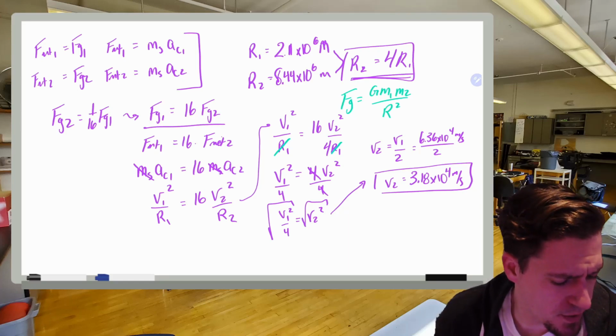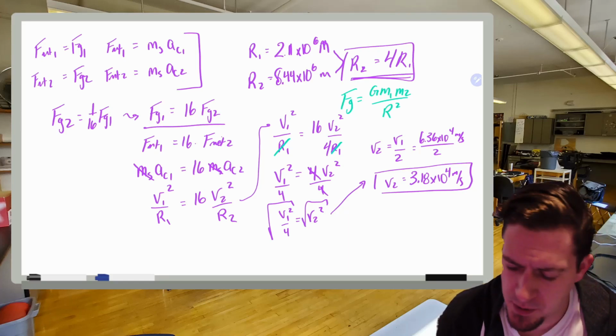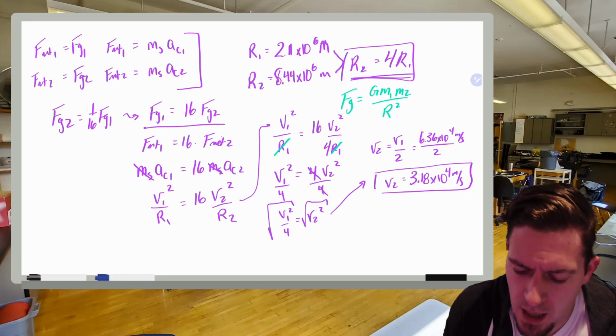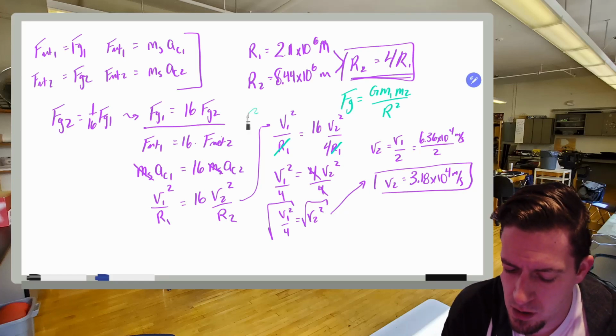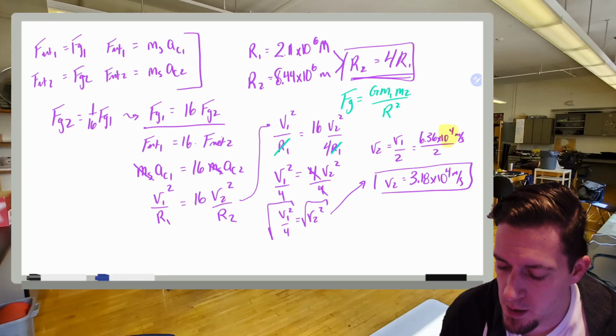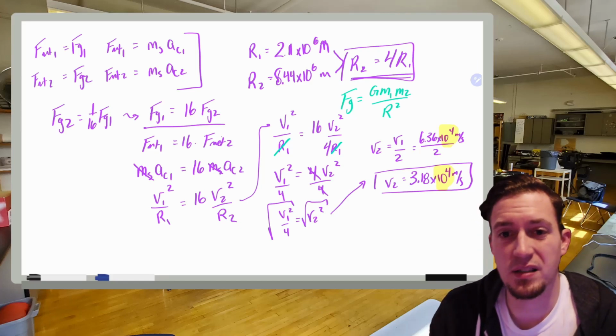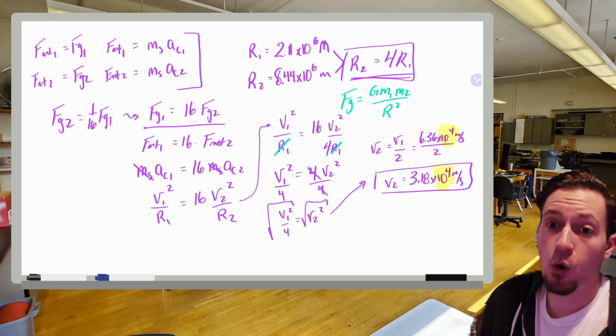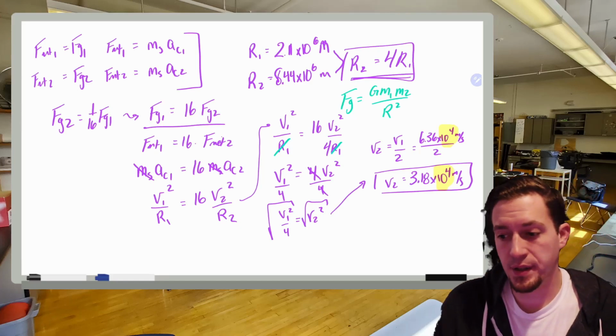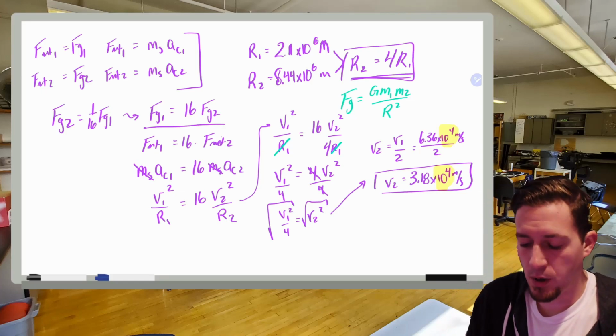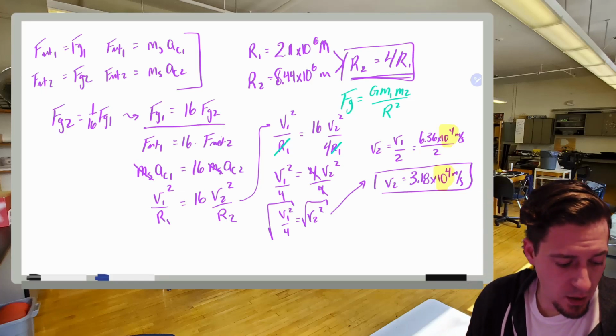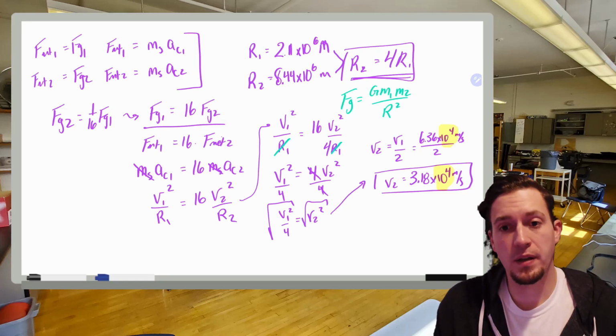And then part B is just saying that order of magnitude means power of 10. If you look at these two, they both have the same power of 10, which would make sense. If one of my numbers was enormous, like 10 to the 11 or 10 to the 46, that'd be weird. They've got to be in the same ballpark, same neighborhood. So I'm happy with this value, and it's the same exact number you would get going the other way.